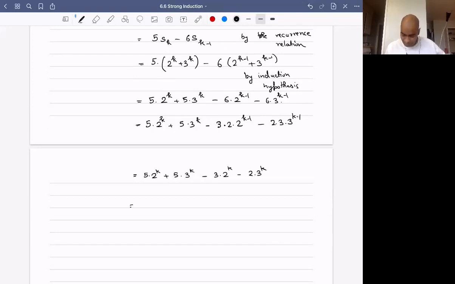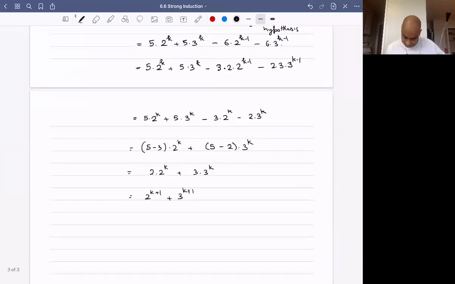And now I have 5 times 2 to the k and 3 times 2 to the k, so that becomes 5 minus 3 times 2 to the k. And then I have 5 times 3 to the k and 2 times 3 to the k, so that becomes 5 minus 2 times 3 to the k. And so I'll get 2 times 2 to the k plus 3 times 3 to the k, which is 2 to the k plus 1, and then 3 to the k plus 1, and that is my right-hand side.